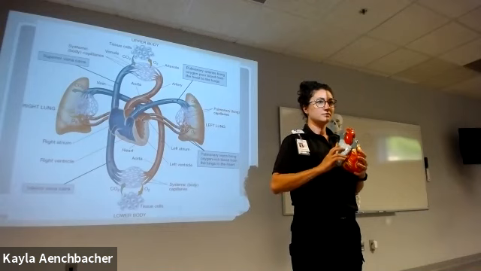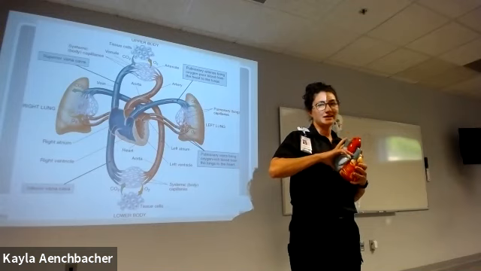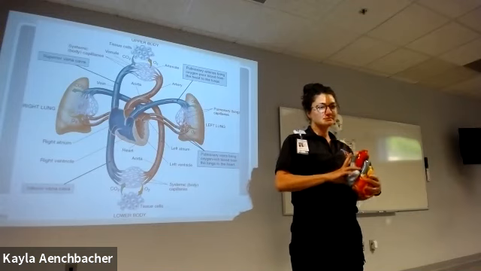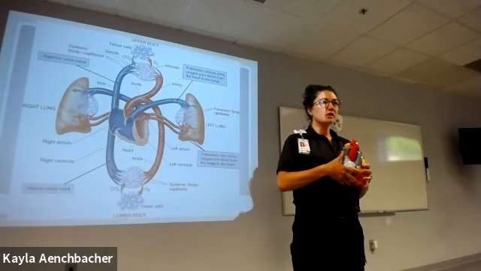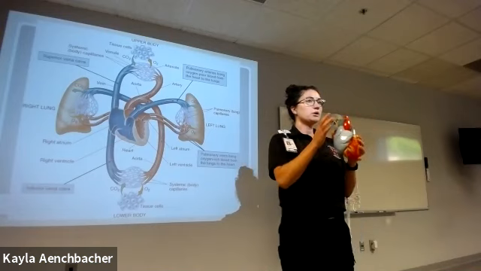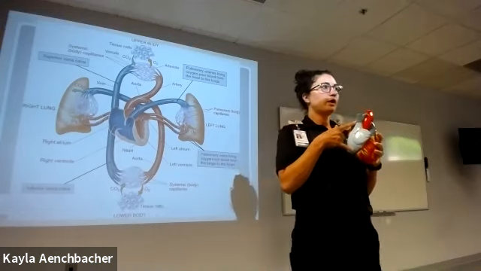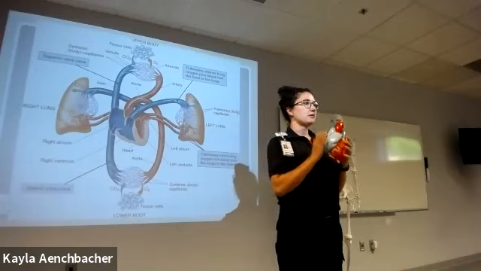These are the main dumping tubes. This is where we're going to start our blood flow. What do these blue veins represent? What is this carrying?